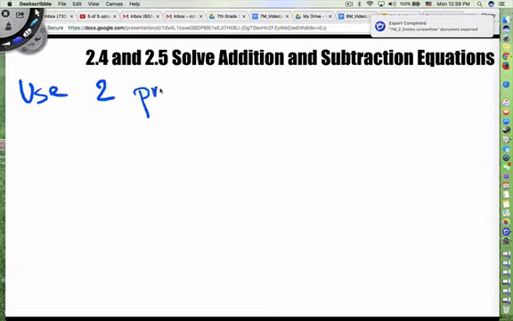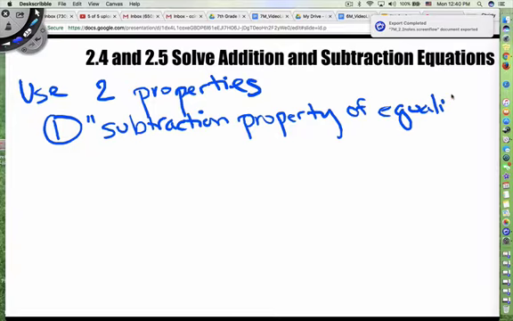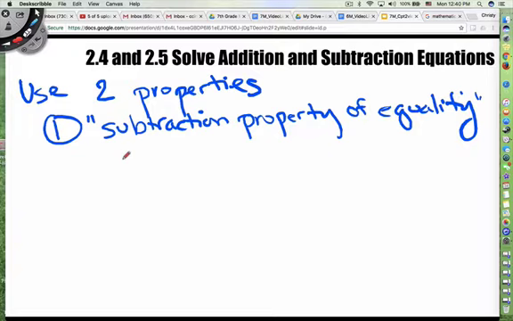two properties today. The first one is the subtraction property of equality. Okay, and what this says, again, to remind you, is that subtracting the same number from one side and from the other side, both sides will always be even.